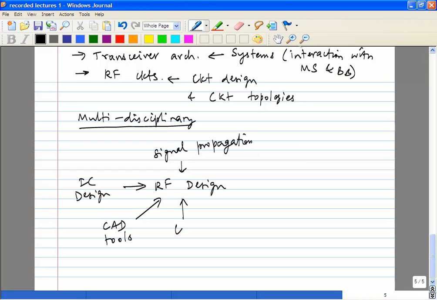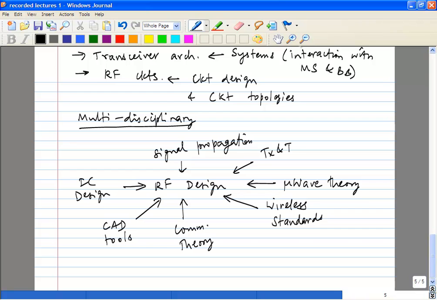You need to understand a little bit of COM theory. You need to know a bit about wireless standards. You need to know your microwave theory well. And you need to have a good understanding of TX and RX architectures. Okay, to lesser or greater extents, you need to know all of these.